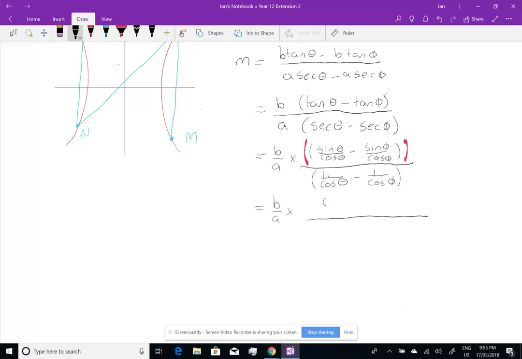So I'm going to get sine theta on top times cos phi minus cos theta sine phi, all over cos theta cos phi. I'm sorry, that should have been a cos phi, and that should be a sine phi.